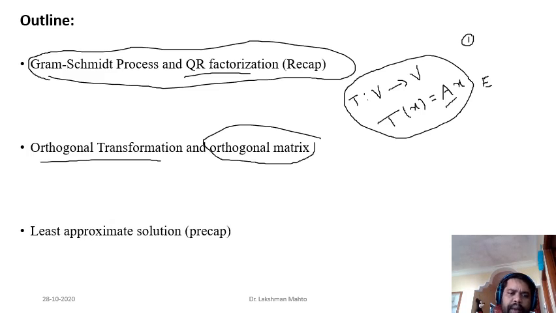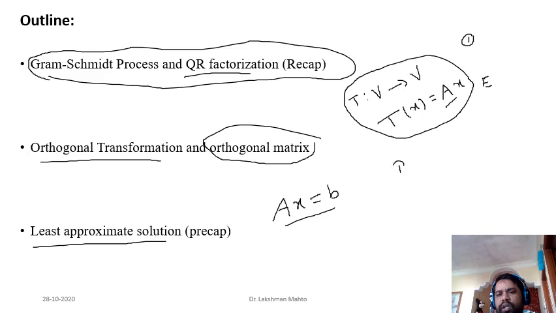And if time permits, then I will talk about least approximate solution. In the first module you have already seen two scenarios. If you have a system, you can write it in the form Ax equal to b. Then two scenarios come. One is consistent. That means if the system has at least one solution, then we call it consistent.